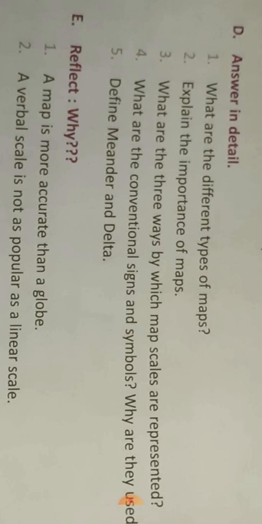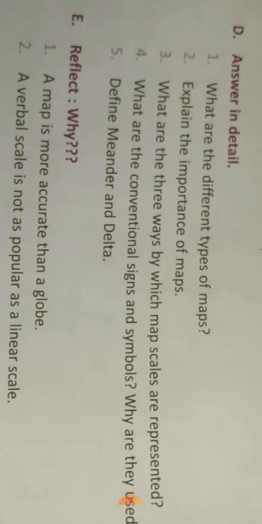These signs and symbols give plenty of information and are simple to draw and understand. That's why they are used. And some symbols are internationally recognized and it is easy to understand the maps.